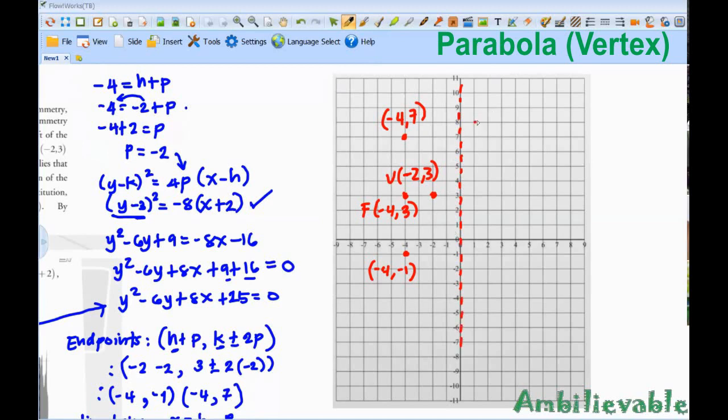So x is equal to 0. So let us now graph our parabola. So it's over here and here.